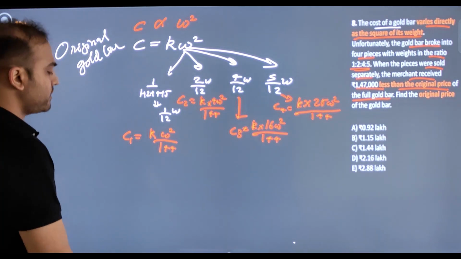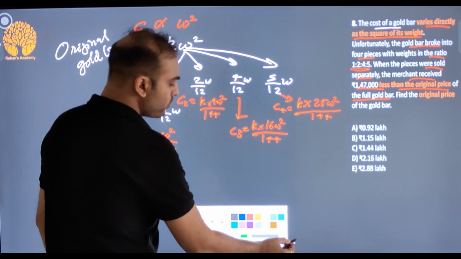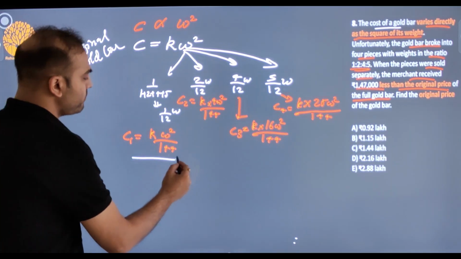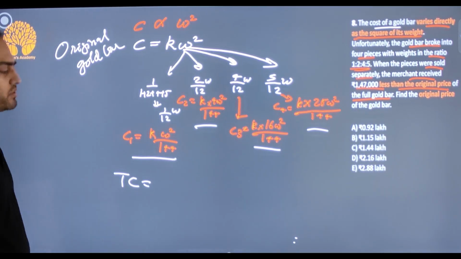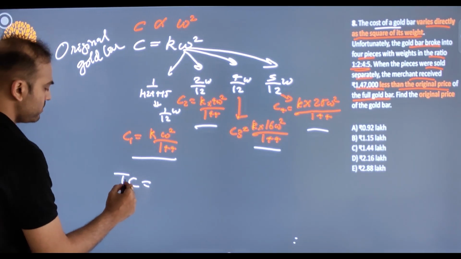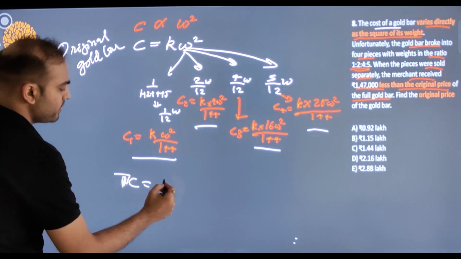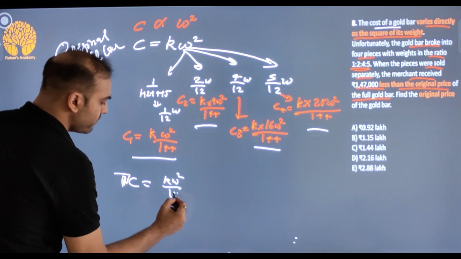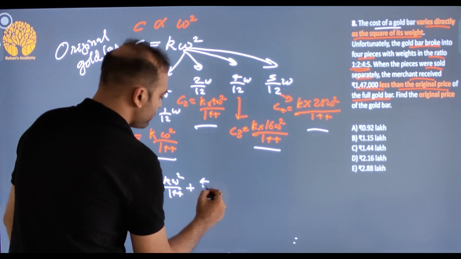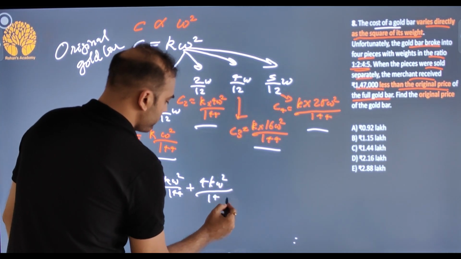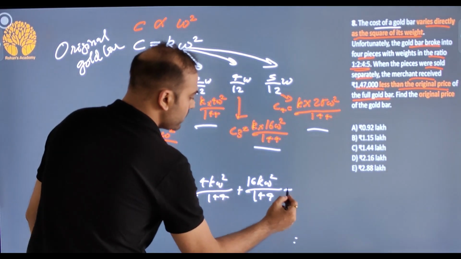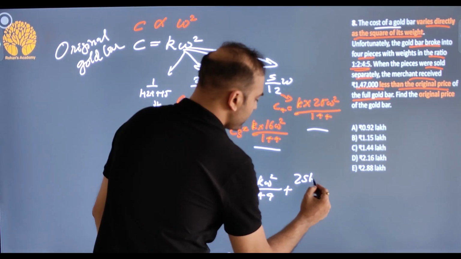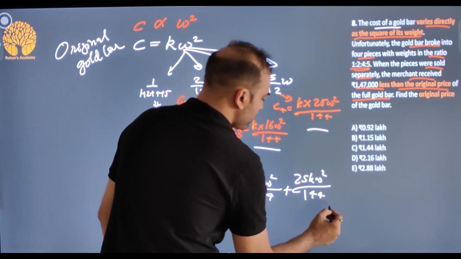So these are the costs of all 4 of these. Now, if I sell all of them, what is the total new cost I get? Total new cost is KW square by 144 plus 4KW square by 144 plus 16KW square by 144 plus 25KW square by 144.